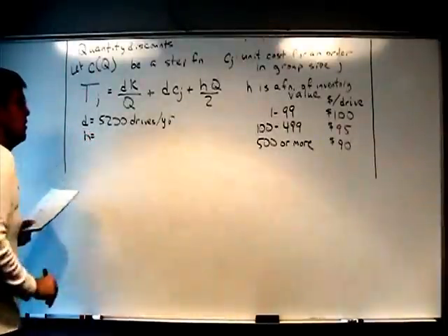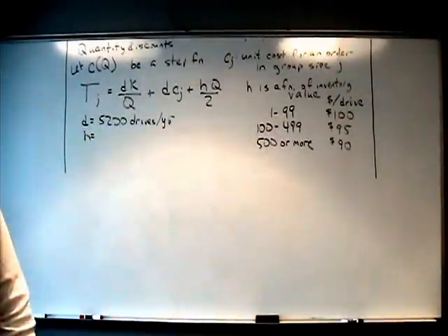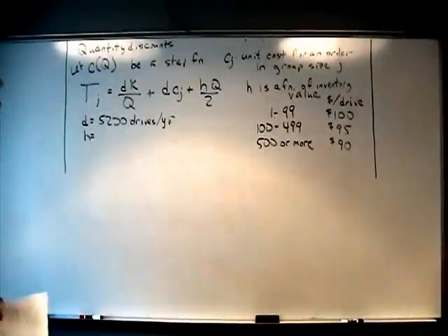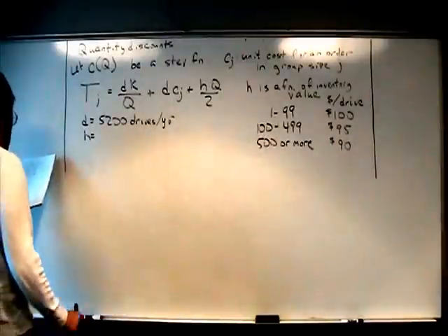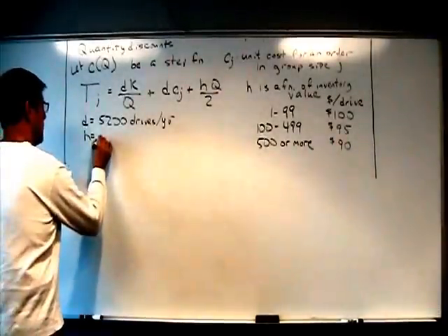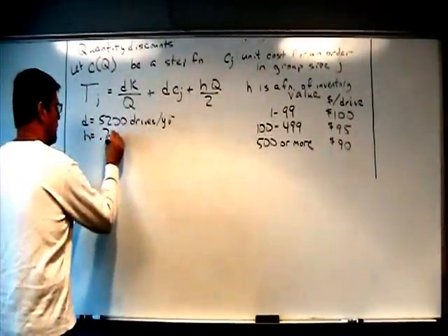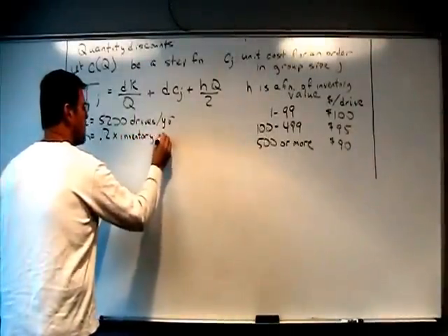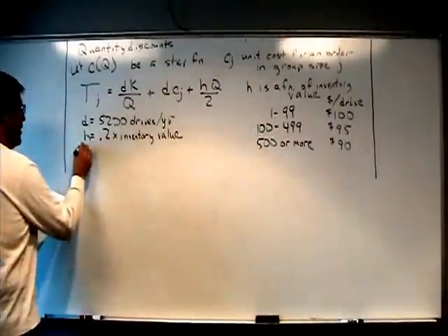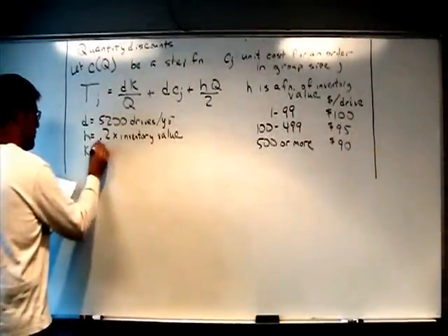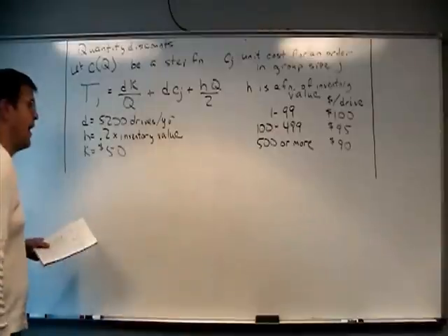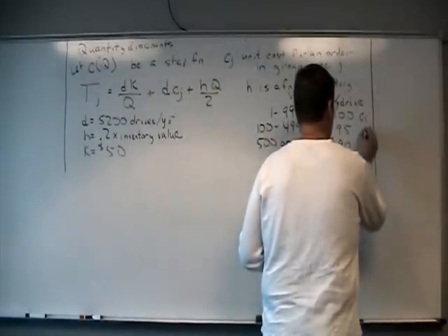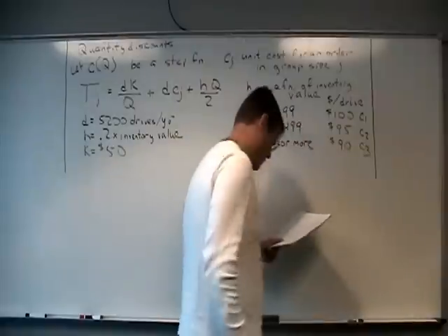H, as far as this is concerned, we said it was 20% of the inventory based on the value of the inventory when it was purchased. So this is going to be 0.2 times the inventory value. K is $50. And then our C sub j's over here are C1, C2, and C3.